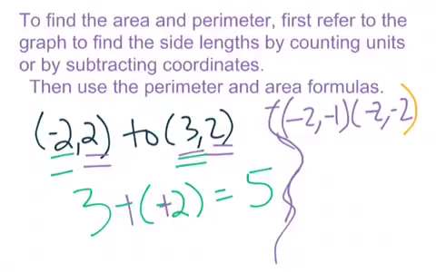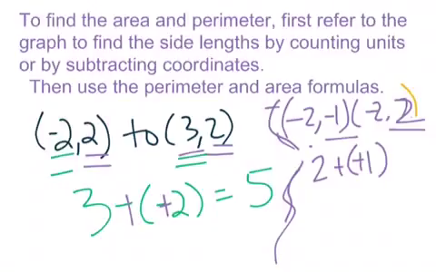So we have 2 minus -1, which turns into a positive, so that turns into 3.